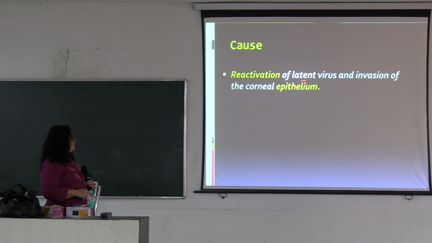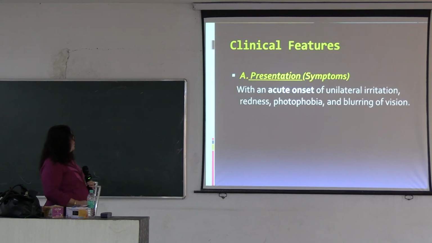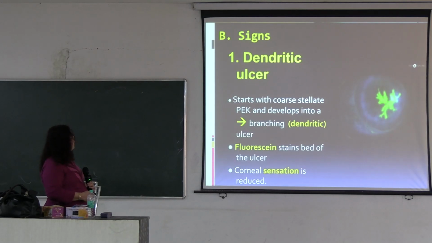Here the latent virus invades the corneal epithelium. Presentation may be acute onset, sudden pain, fever, redness, photophobia and blurring of vision. It is usually unilateral, but may be bilateral.